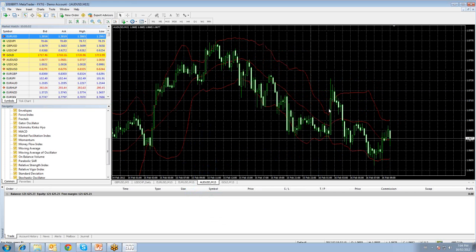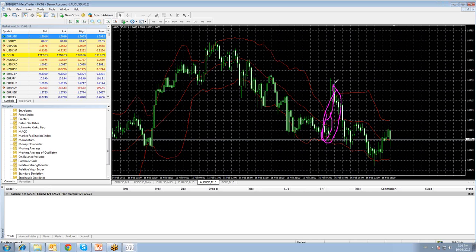Good buying out of the squeeze. Yeah, this is a good example here with a Bollinger. You can see there's been a bit of a squeeze here, and then it's done a nice little breakout and selling out of. Yeah, definitely.